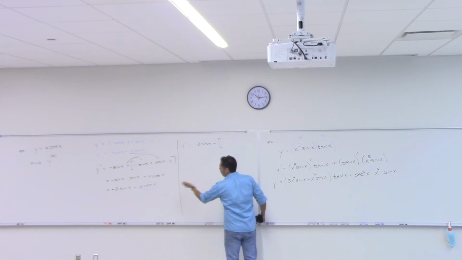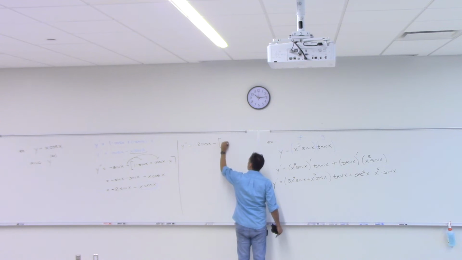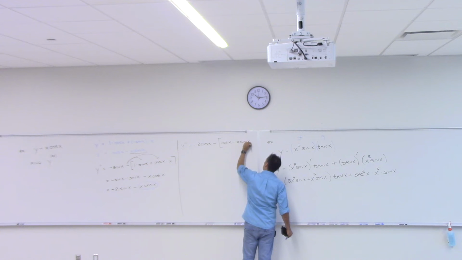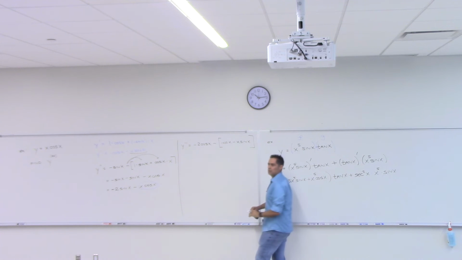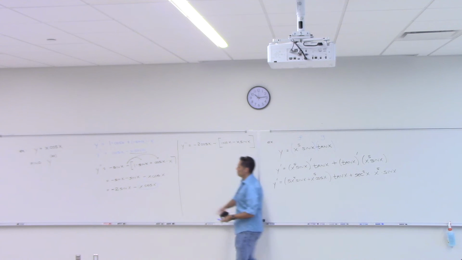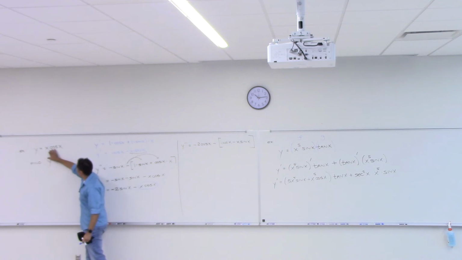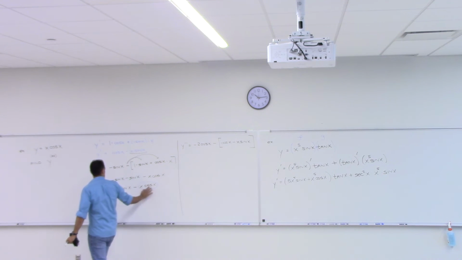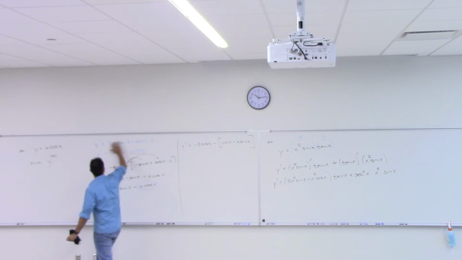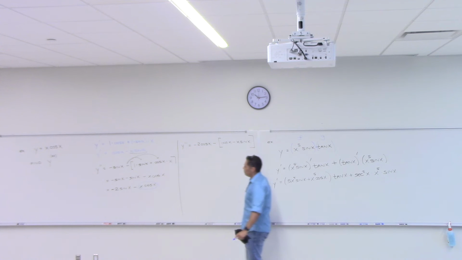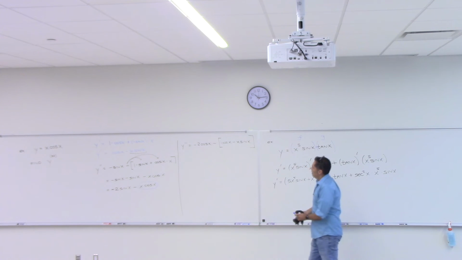You can just do the product rule, but I've already done it. So I'm just going to put cosine x minus x sine x here. Following? We want the derivative of this, which is the same as the derivative of that, which we did right here, which turned out to be this. Clean it up.